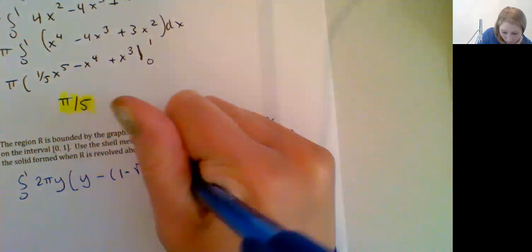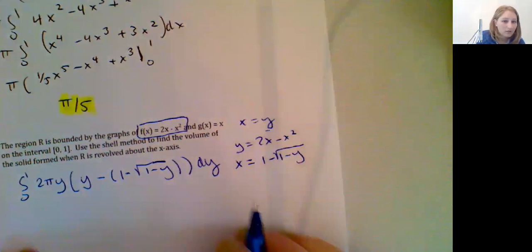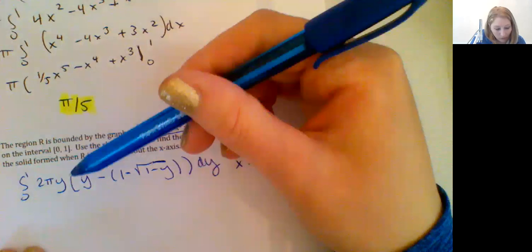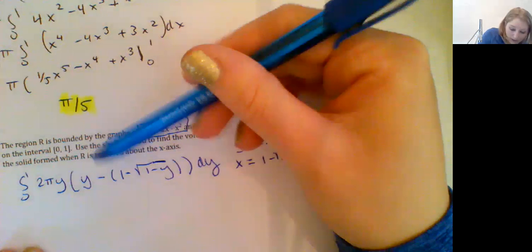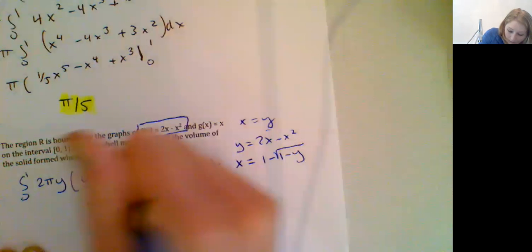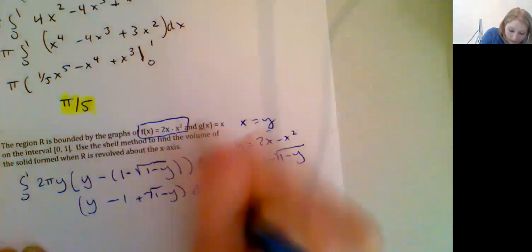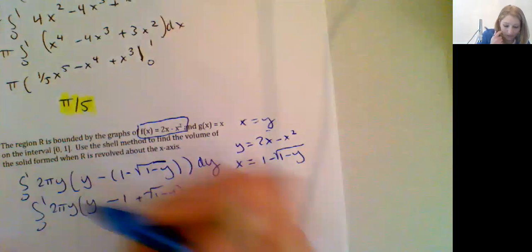Now you're probably already getting a little bit frustrated because you're like, this is a lot, right? So we would need to integrate this. And besides me writing it like this, just getting rid of the negatives, this would still be kind of a really big pain in the butt to integrate.